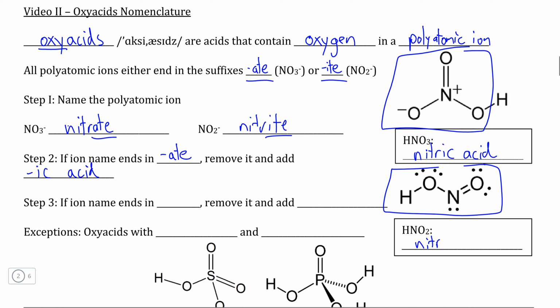So the polyatomic ion nitrate, if we were to add a hydrogen to it, you would be making nitric acid, as long as this acid, of course, is dissolved in water, whereas the polyatomic ion nitrite, if we were to add a hydrogen to this, we would add the suffix OUS acid instead, which would be pronounced nitrous acid. So this is why we often say that ITE becomes an OUS acid, whereas ATE becomes an IC acid instead.